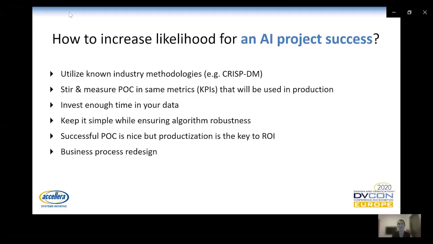And this is fundamental for success and for realizing the potential ROI for the project. So it's critical to invest and to take that into consideration and partner with the right people in order to achieve that.